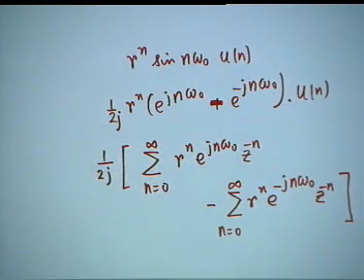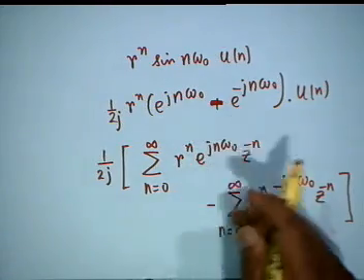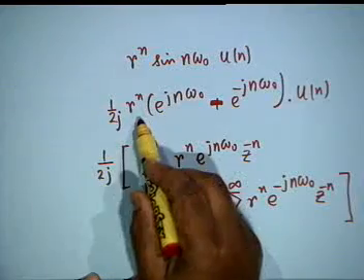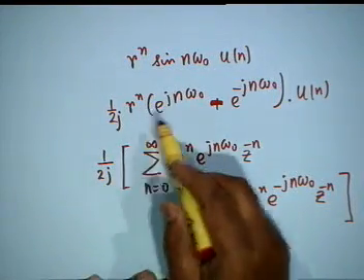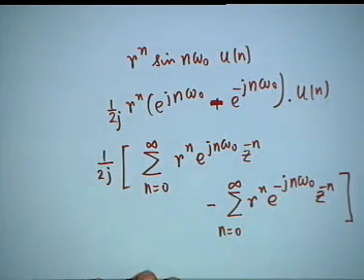We can sum this up, this is how we have done earlier. We can also view these two sequences, that is r to the n e to the j n omega 0 and r to the n e to the minus j n omega 0 as complex conjugates of each other.